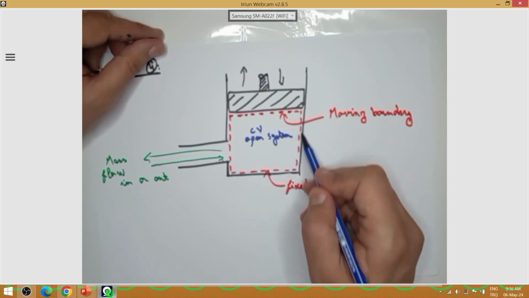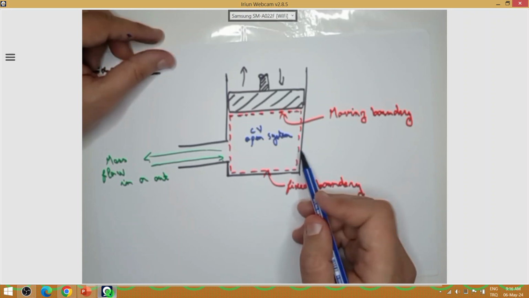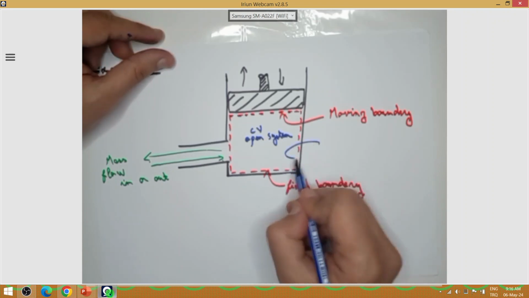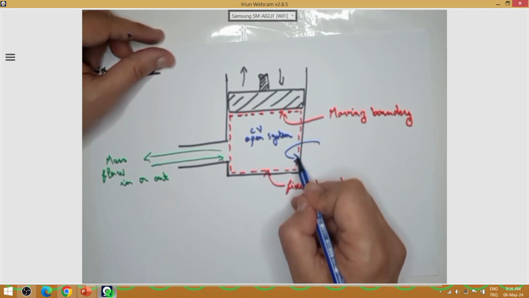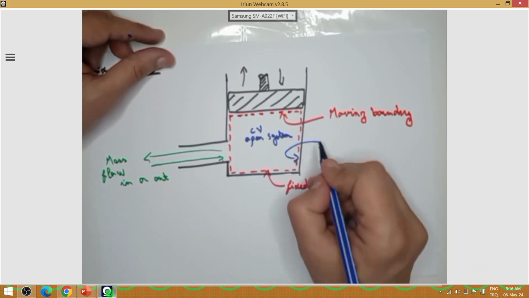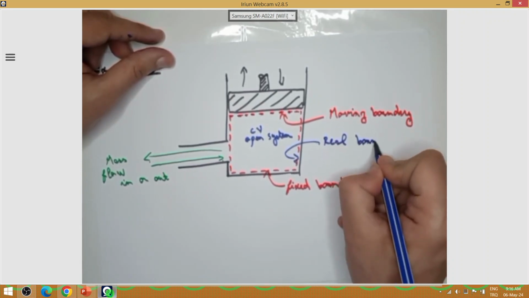In this part there is material, so this part is physical. So this boundary, the vertical line that I see, I can call a real boundary.